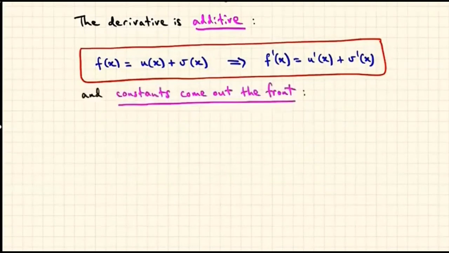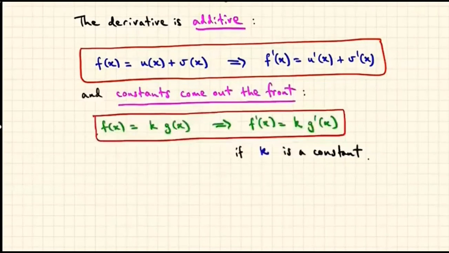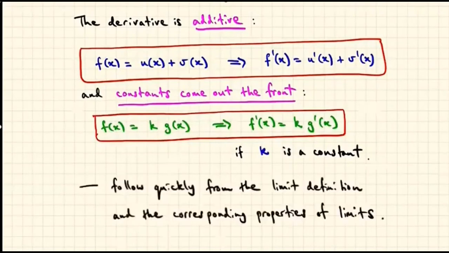Constants come out the front in the sense that if f of x is k times g of x, where k is a constant, then the derivative of f is just k times the derivative of g. This follows easily from the corresponding properties of limits, and details are in the notes.